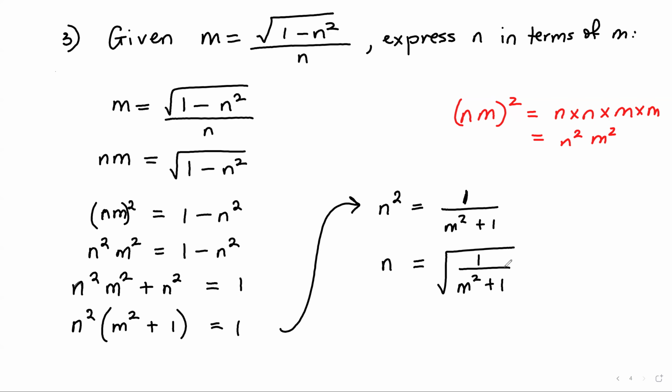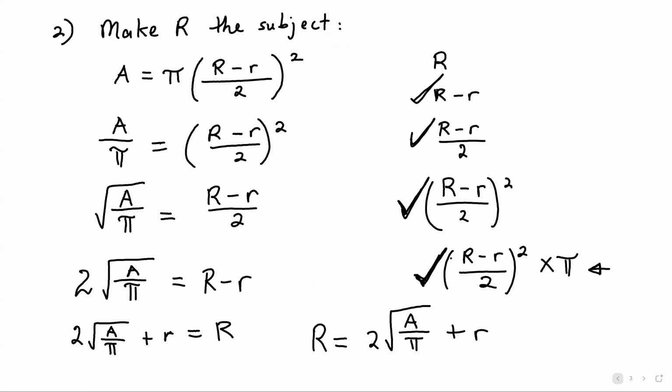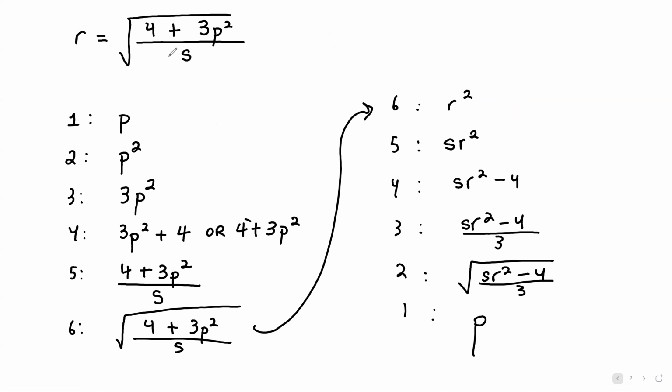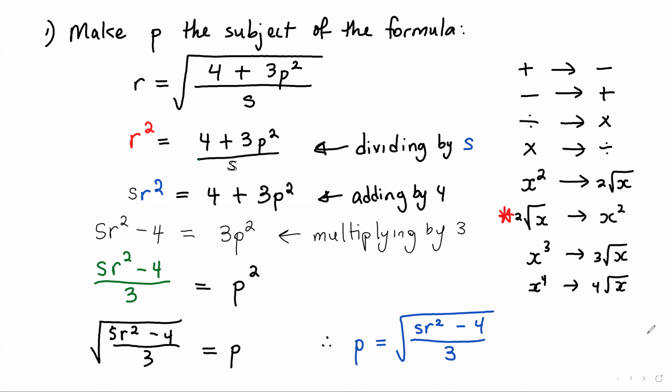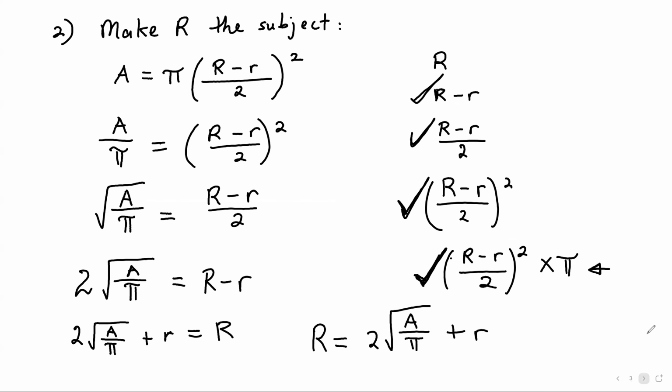Now this is one of the trickier ones, because unlike all the others that we did so far, even in our previous classes, there was only one term in P. For instance, here we needed to make P the subject, and there was only one term in P, right? So you didn't have to factorize anything. Even in the second example, you did have two R's, but one was capital and one was common, and we had to make capital R the subject.